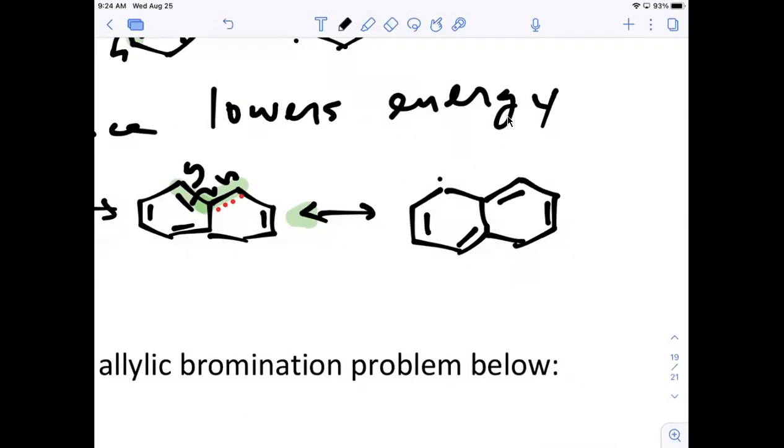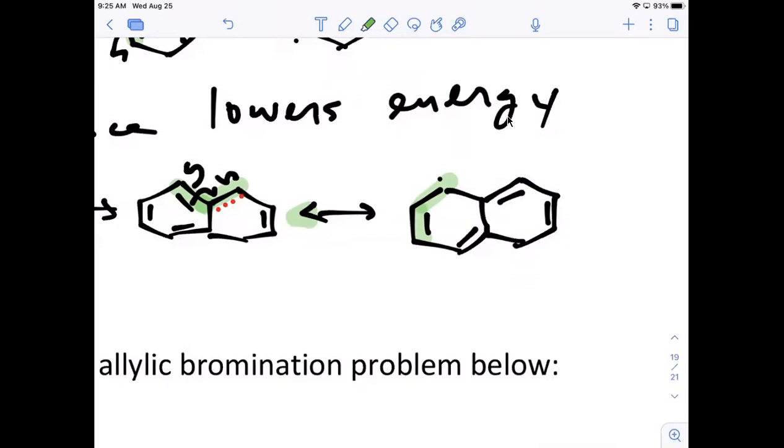Right. Now, what do you notice here? You can see this pattern keeps repeating. You got another allylic radical right here that you can also do the same thing with. So you can do it multiple times because you have, again, multiple donors and acceptors. Any questions about that? This is all review from organic 1.